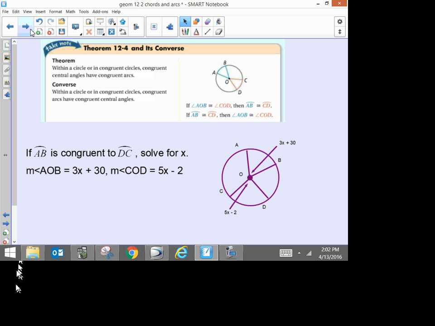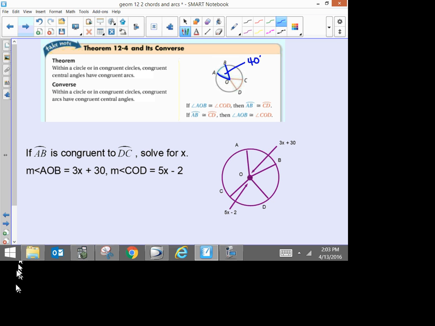Within a circle, congruent central angles have congruent arcs. Okay, that seems like a duh to me because let's say this green central angle, what does it look like? About 40 degrees? Okay, we're going to say it's 40.